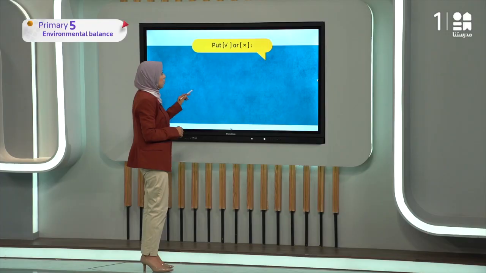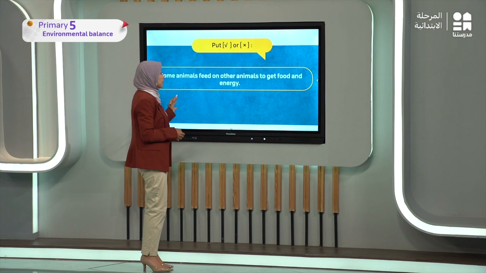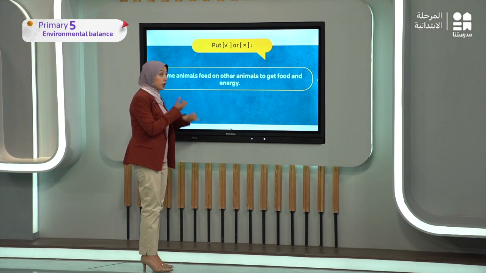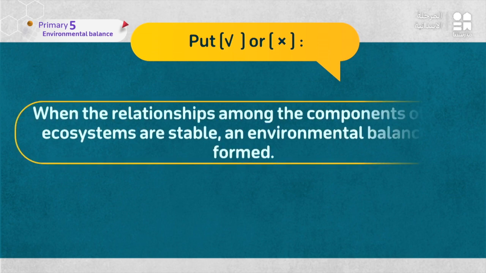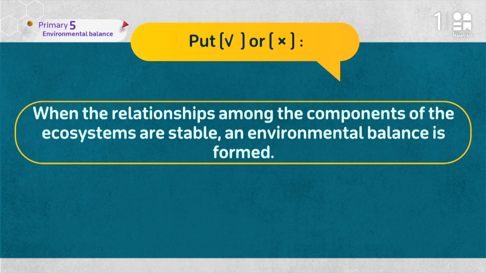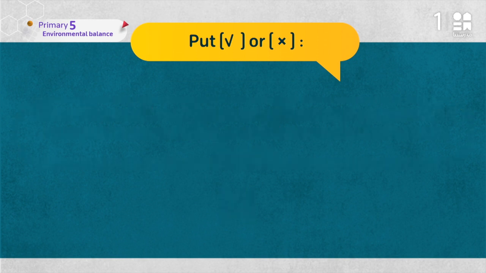Okay. Now, put right or wrong. Some animals feed on other animals to get food and energy. Right. Okay, number 2. When the relationships among the components of the ecosystem are stable, the environmental balance is formed? Yes, it's true.